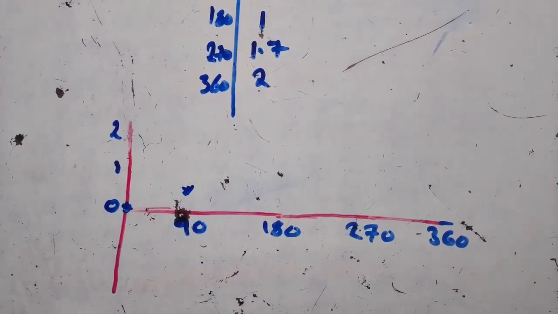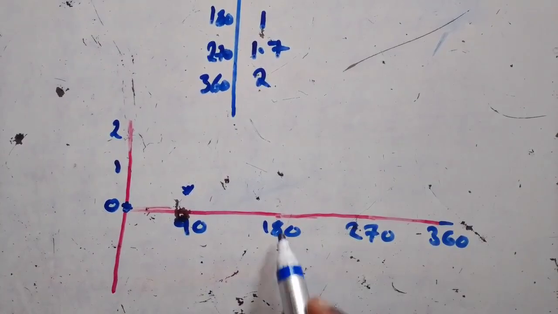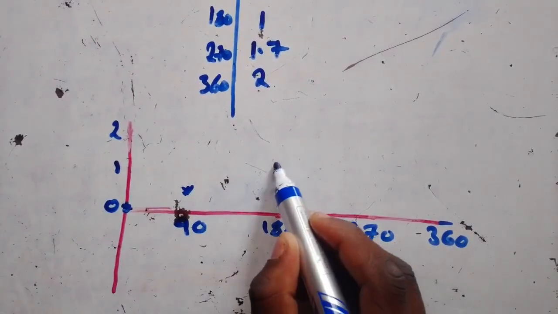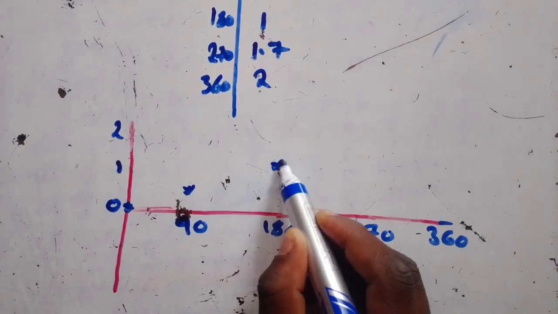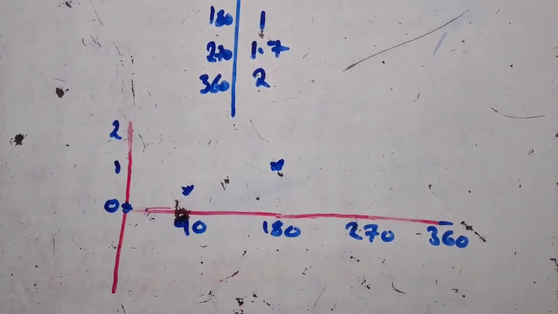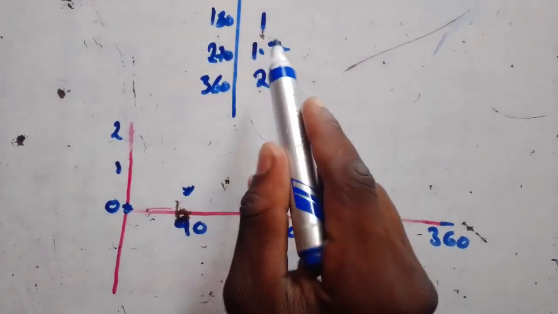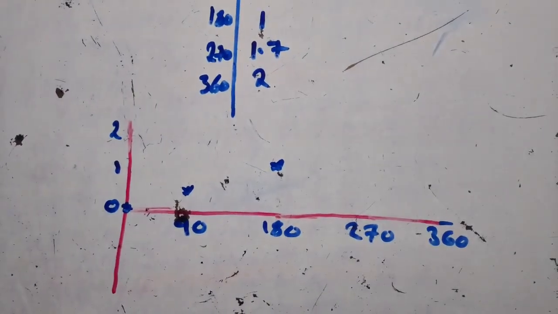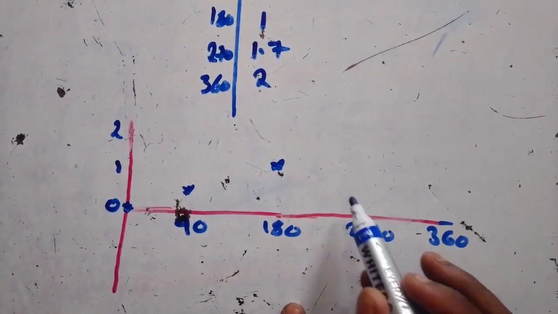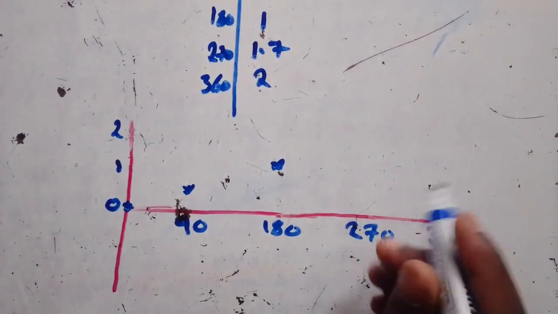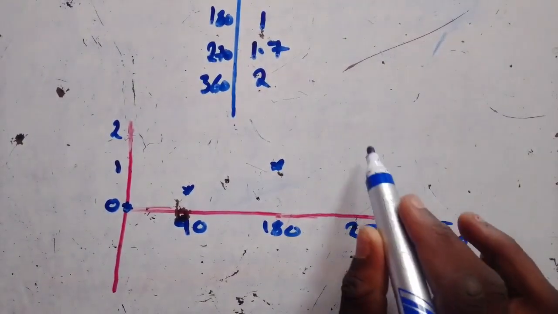The other one is 180, 1, which will be somewhere here. After 180, 1 we have 270, 1.7. For 270 you just estimate where 1.7 is.